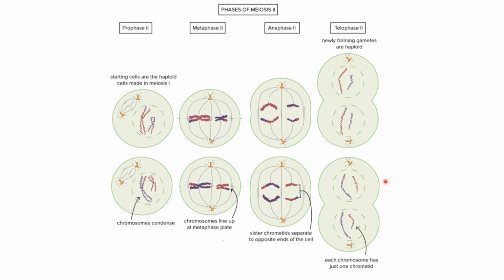So yun yung meiosis 2, parang mitosis ng mga haploid cell. So yun lang yung laging tatandaan, and you will basically understand kung ano yung meiosis 2. It is just mitosis for haploid cells.